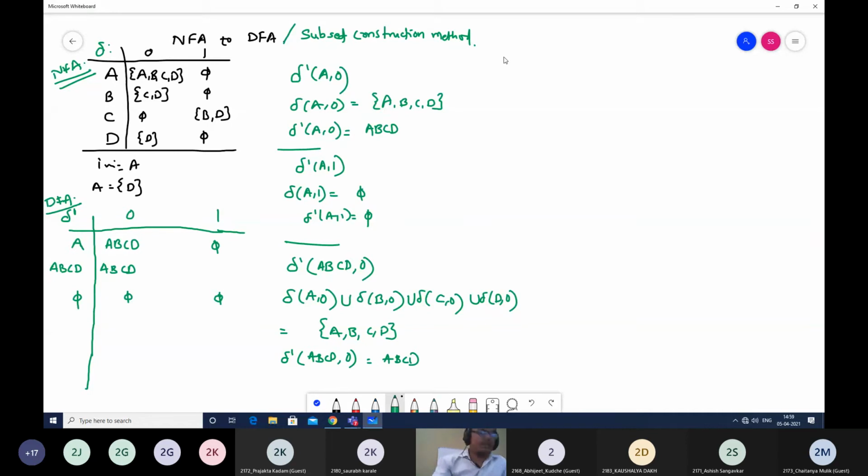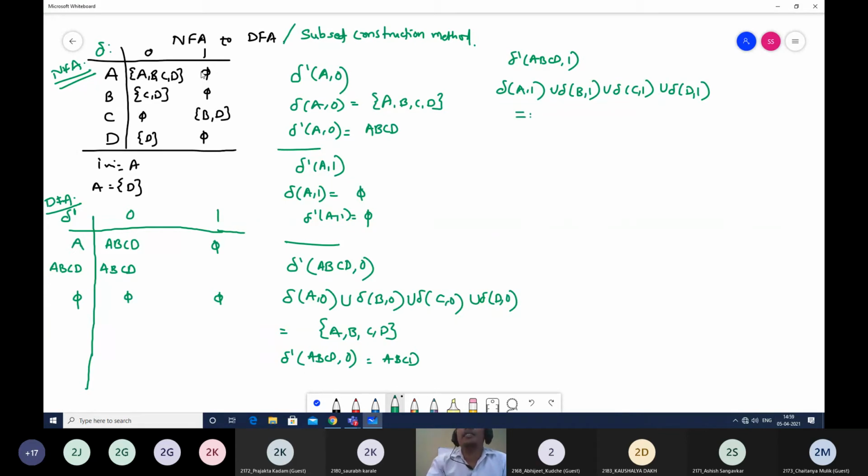Similarly, now we'll calculate delta dash of ABCD comma 1. For that, I'll refer to delta of A comma 1 union delta of B comma 1 union delta of C comma 1 union delta of D comma 1. What is delta of A comma 1?